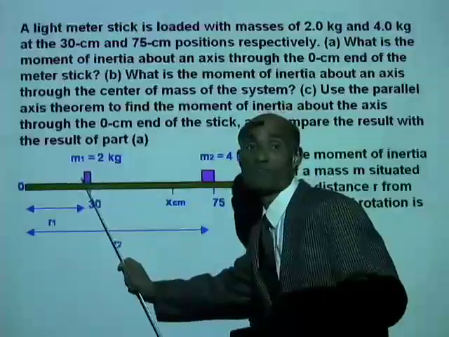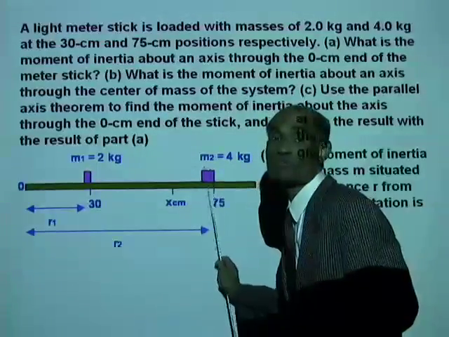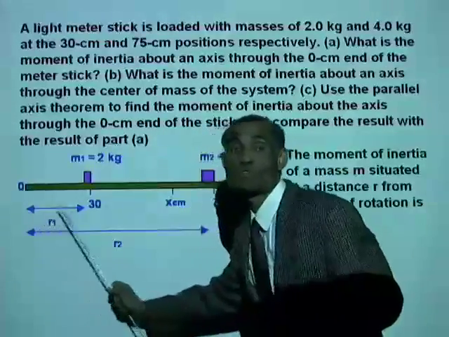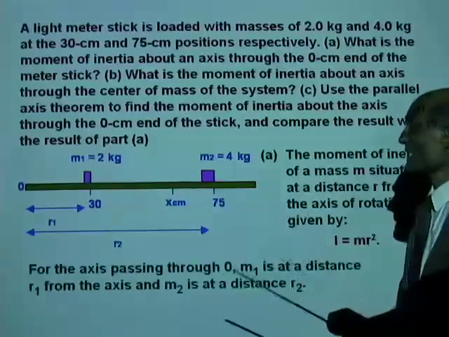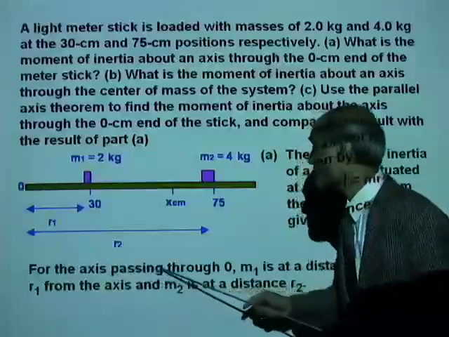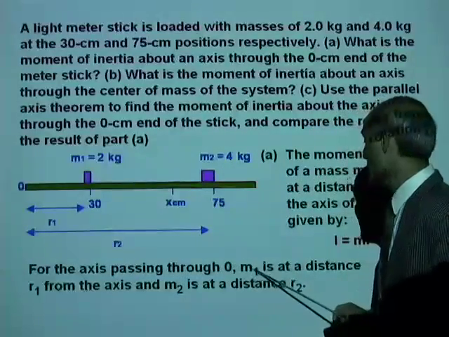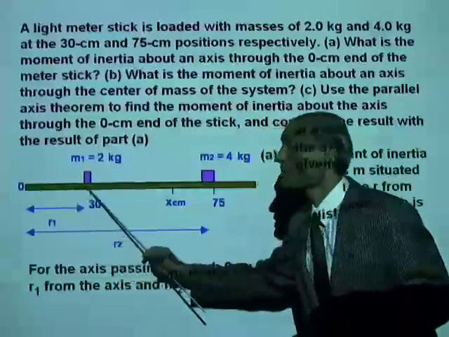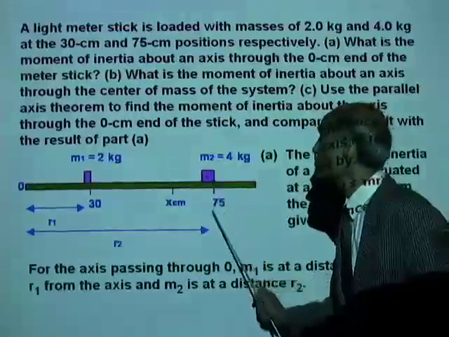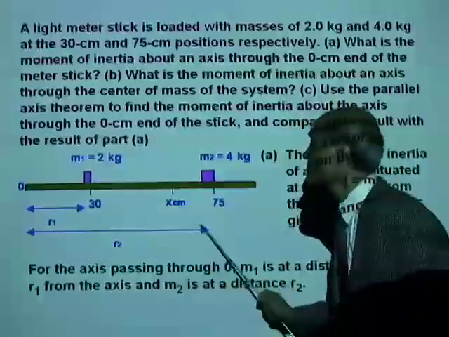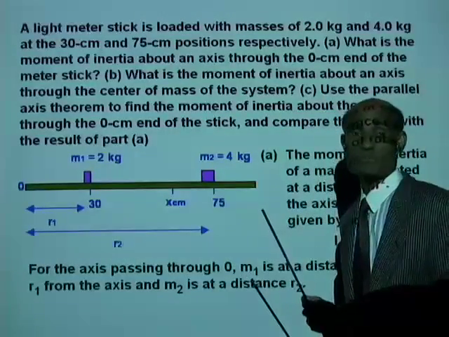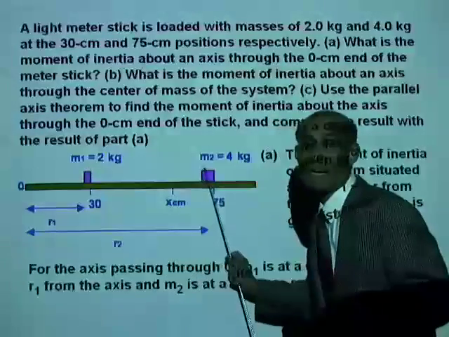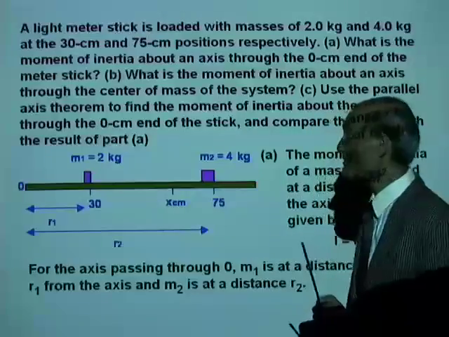So we can now find the moment of inertia of these two masses about an axis that passes through the 0 centimeter mark using this relation. For the axis passing through 0, m1 is at a distance r1 from the axis of rotation, and m2 is at a distance r2, where r1 equal to 30 centimeter and R2 equal to 75 centimeter.